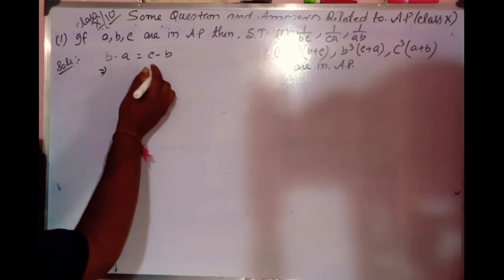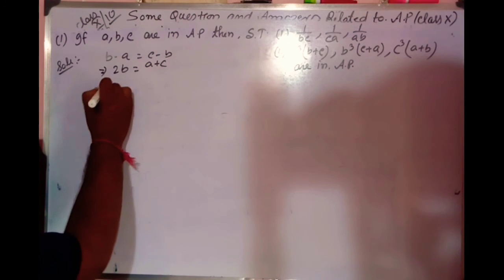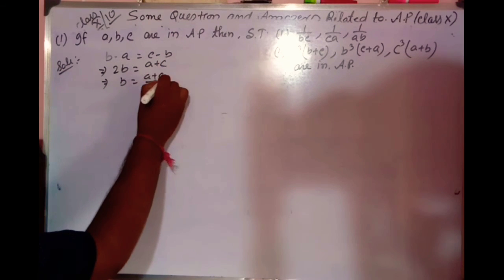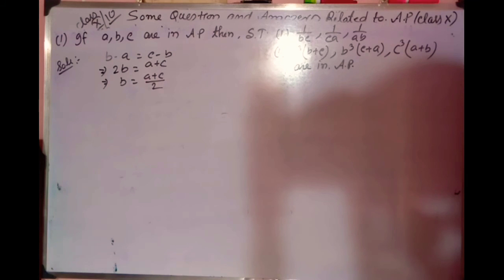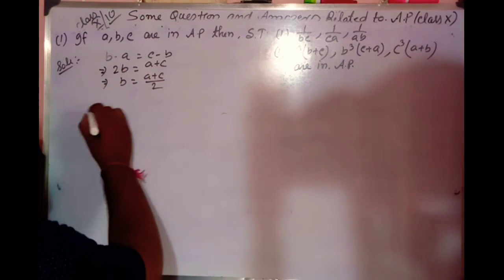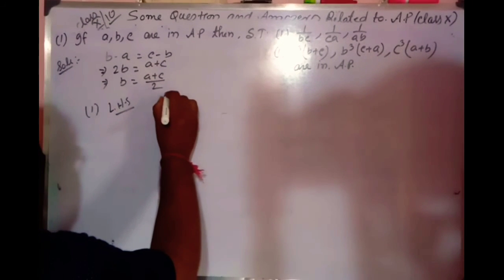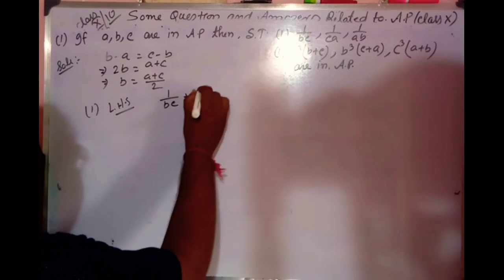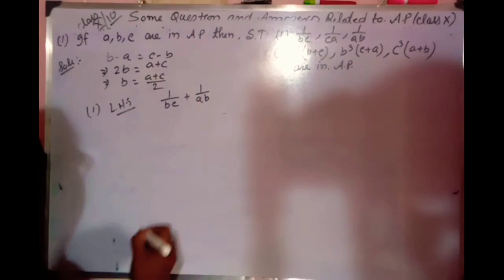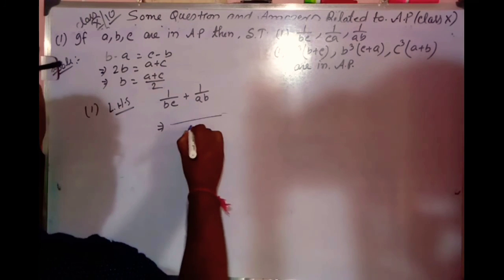So 2B is equal to A plus C. B is equal to A plus C by 2. This is the condition. Now from the first question, taking the LHS, 1 by BC plus 1 by AB. From here, we are writing ABC.